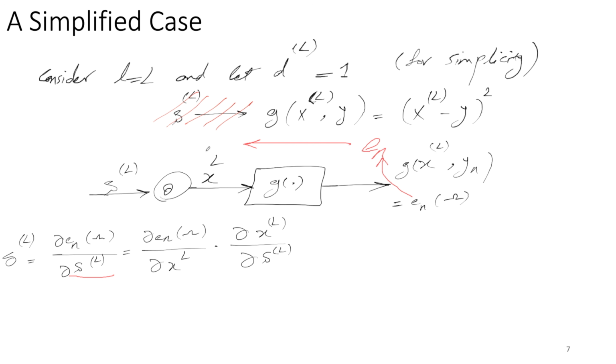So you can expand using the chain rule. It's going to be equal to the partial of E_n omega divided by the partial of x_L, multiplied by the inner function, the partial of x_L divided by the partial of S_L.